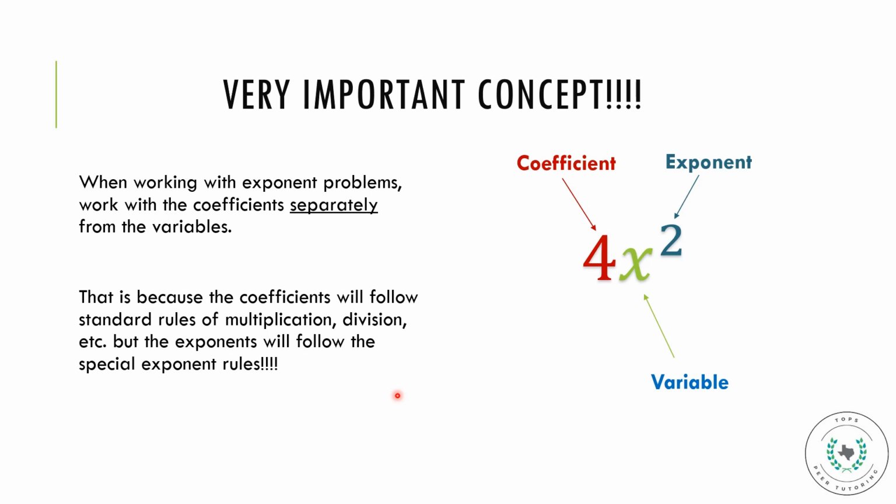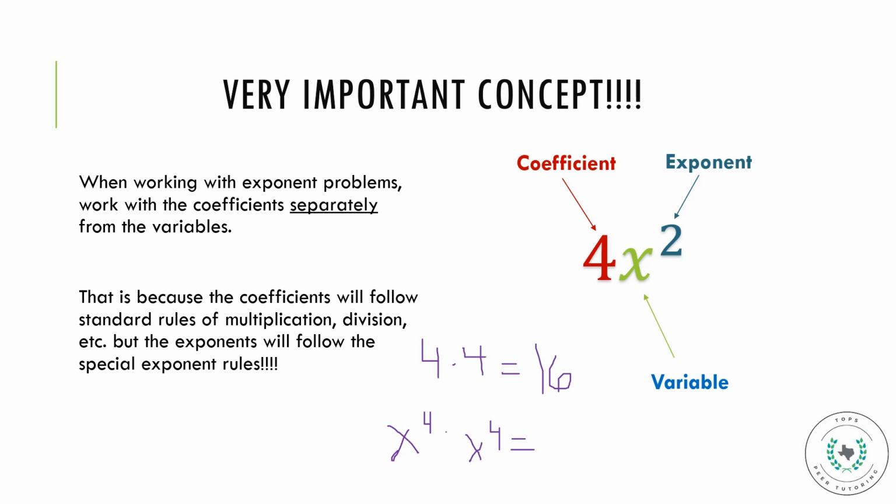So you want to split them up because doing, say, 4 times 4 is very different from doing x to the power of 4 times x to the power of 4. Because in this case, when you're multiplying something, and you're usually doing 4 times 4, you're going to get 16.